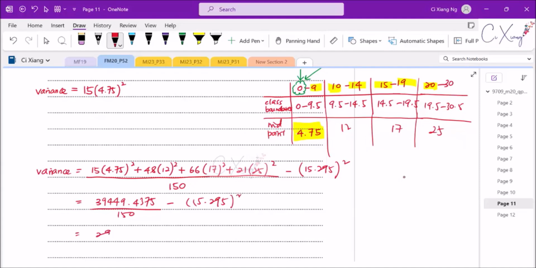Then you'll get the long decimal number 29.059225. Of course, you cannot leave your answer like this. You have to correct it to 3 significant figures. So by right, your answer should be 29.1.